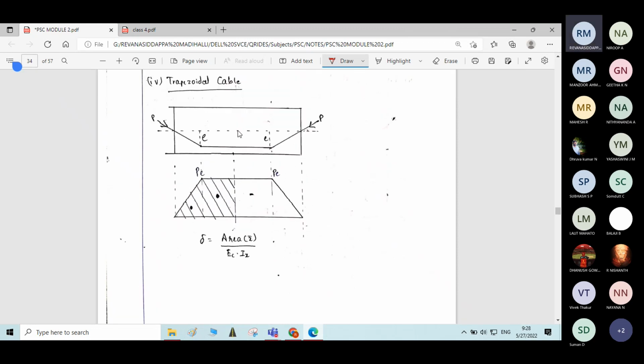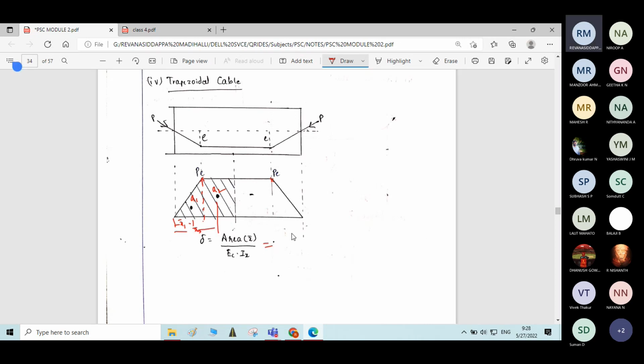You can see it is for trapezoidal cable. So at 2 points, the maximum bending moment will be PE. We have to consider half of the portion. What we will do in this case is divide this area into two areas, A1 and A2. Then we will find individually the area of the rectangle and the triangle and corresponding x1 bar and x2 bar.